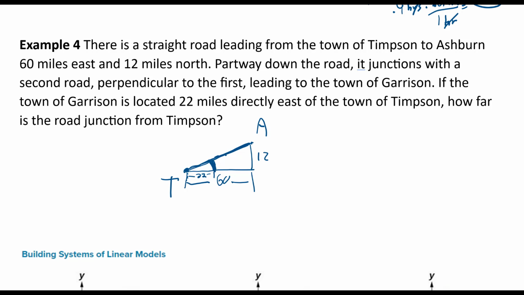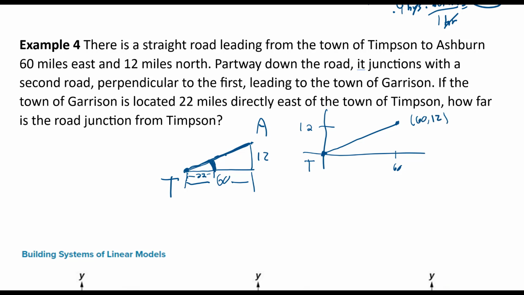This is a little bit complicated problem, but let me try to set up an axis system. If we're putting at the origin our town of Timpson, and it's heading up here, and as I said, this was like 60 here, and then 12 there. This point would be located at 60, 12.